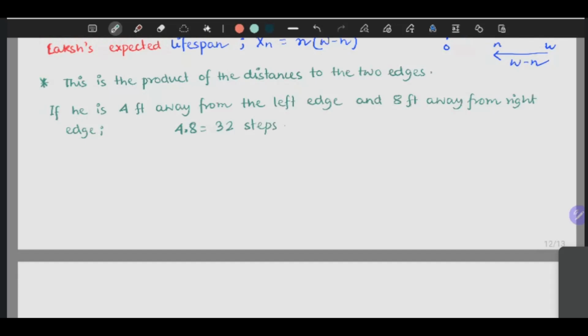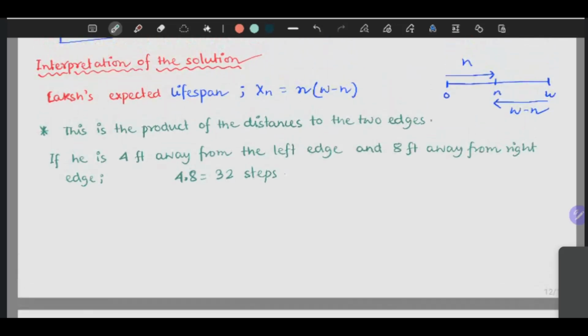So which is logical, right? So if he is residing at the middle, that will be the maximum, right?